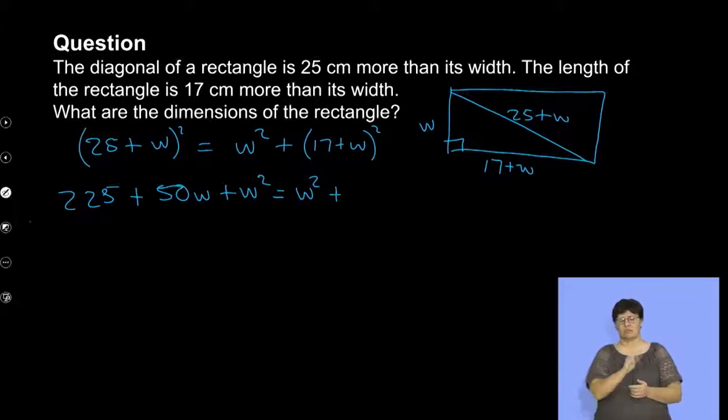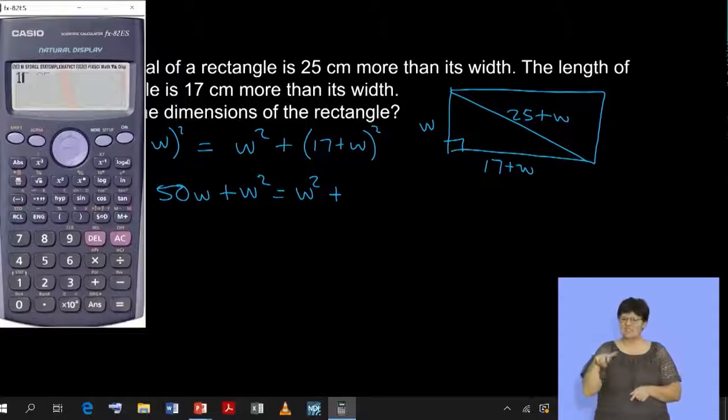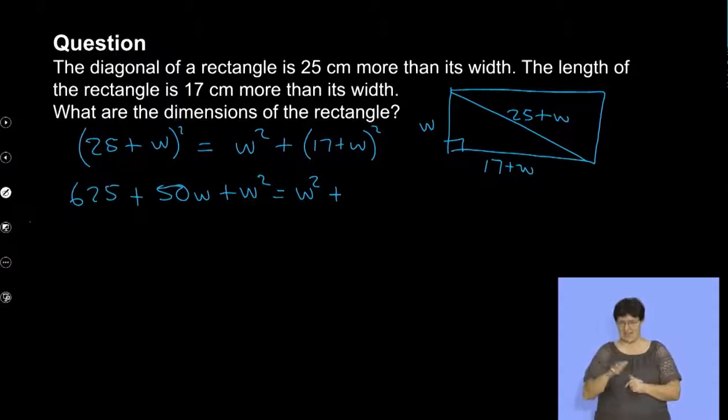So not 225, this is 50. All right, so this is 625, and now I forgot what the answer for 17 multiplied by 17 was. It was 289. So this was 289 plus 34w plus w squared.